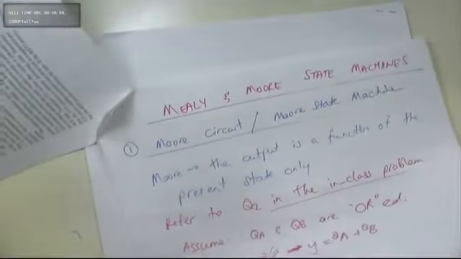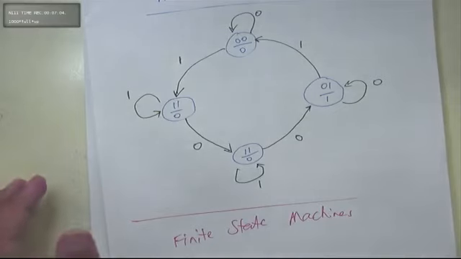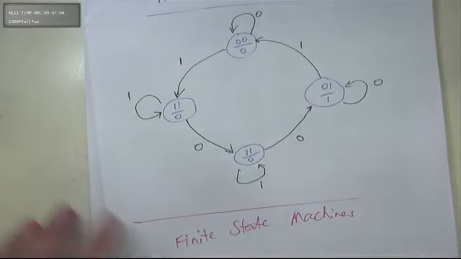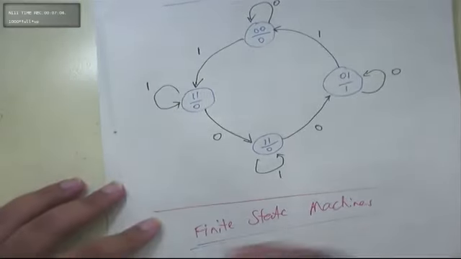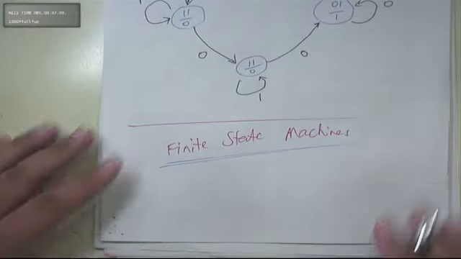Okay, so there's something which we spoke about, finite state machines. Remember we spoke about Mealy machines and we spoke about Moore machines, and then I just want to give you one last definition. The last definition which I want to give you is the definition of finite state machines. What is a finite state machine?